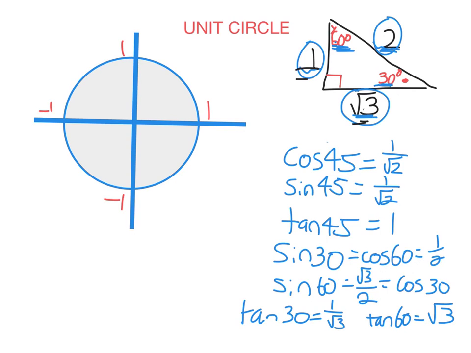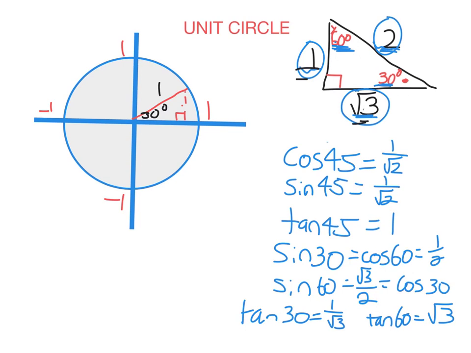So let's say, for example, if I draw a right angle triangle here and say that this angle here is 30 degrees, I know that this length here is 1 because it's the radius of the circle. I know that the sine of that angle, 30 degrees, is a half.